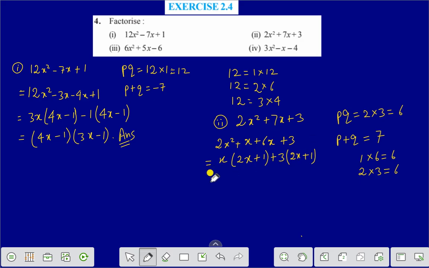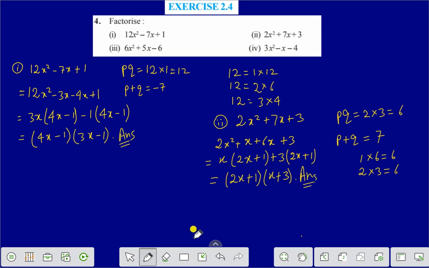If we take 2x plus 1 as common, we get 2x plus 1 into x plus 3. That is the answer of question number 2: 2x plus 1 into x plus 3.